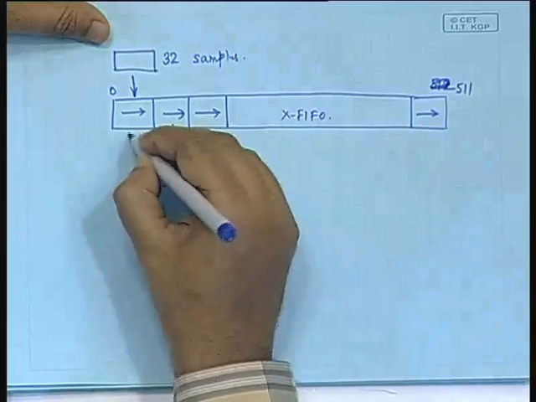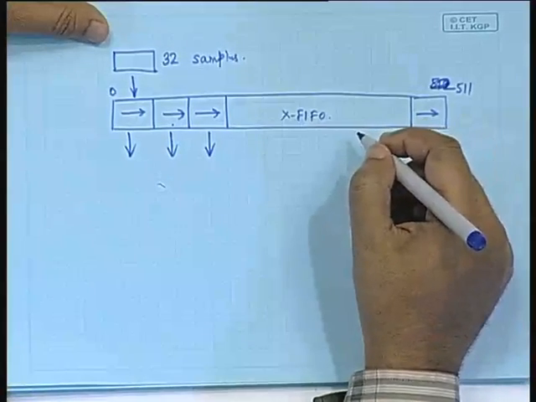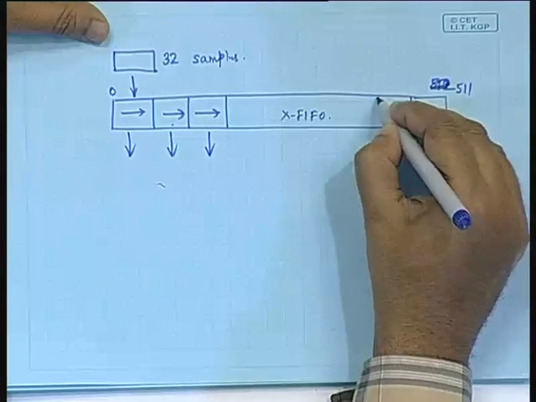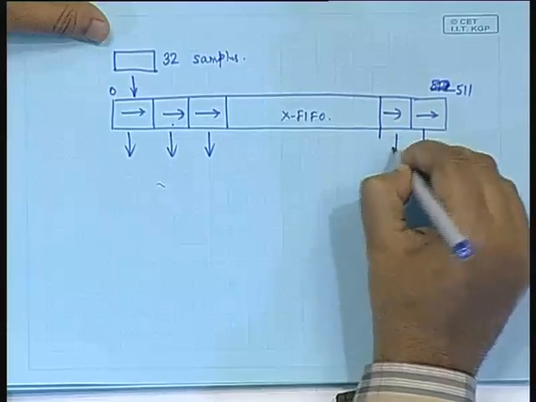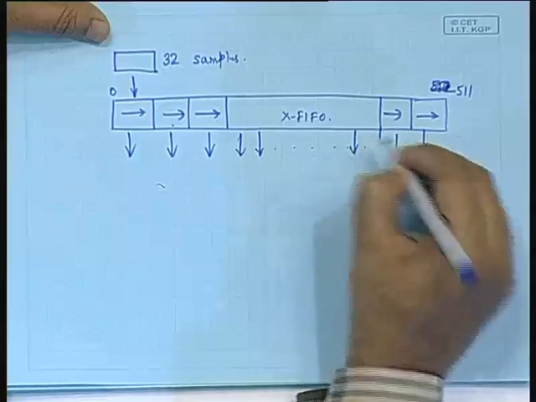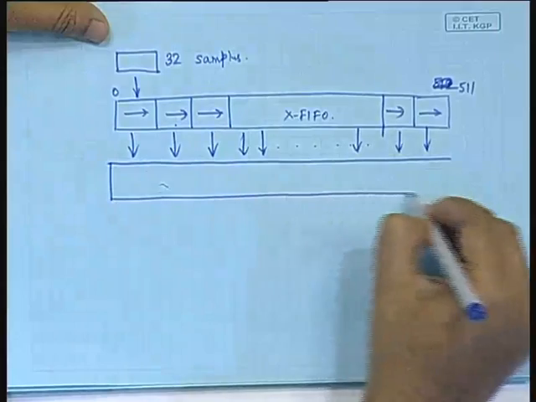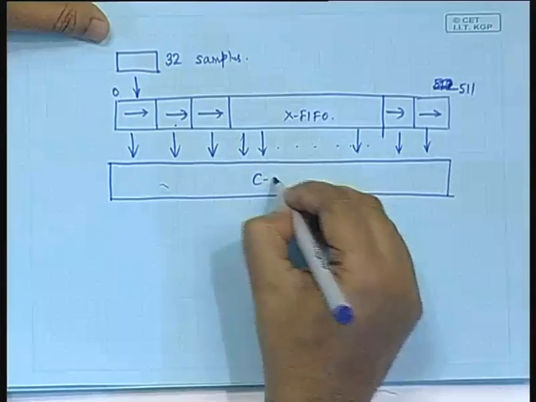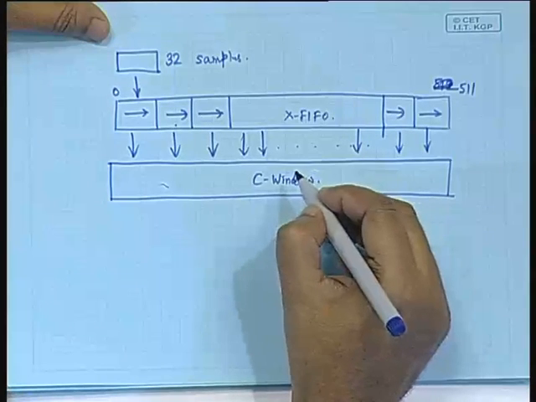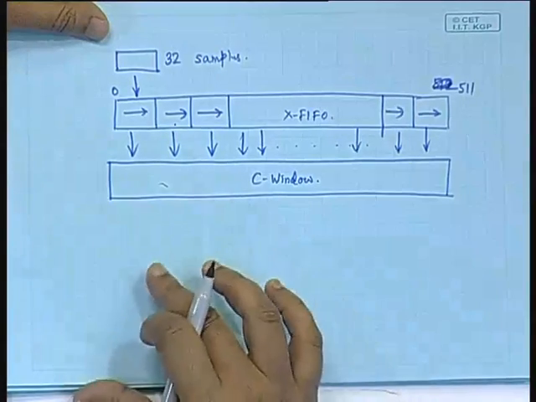So, now this X FIFO output will be multiplied by the windowing function, and this is called the analysis window, right. So, this will be multiplied by the analysis window, and the analysis window is referred to as the C window. So, C window is nothing but the analysis window, and the windowed outputs are buffered, as I mentioned that they are added and then buffered.